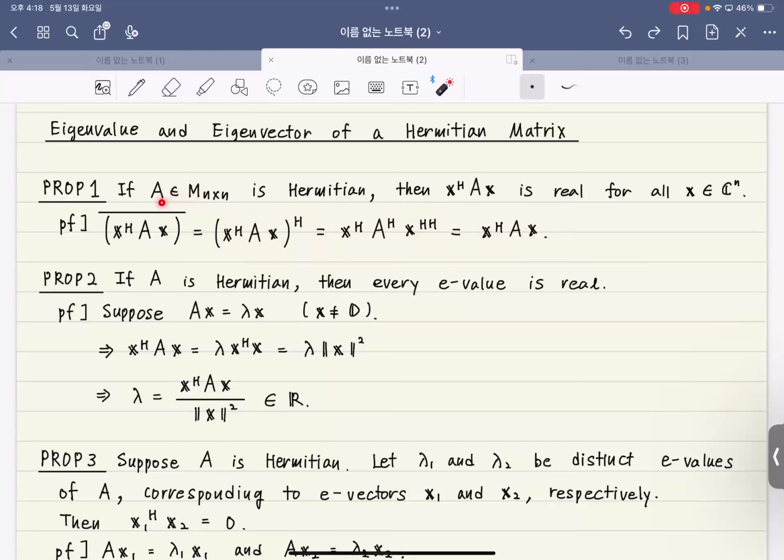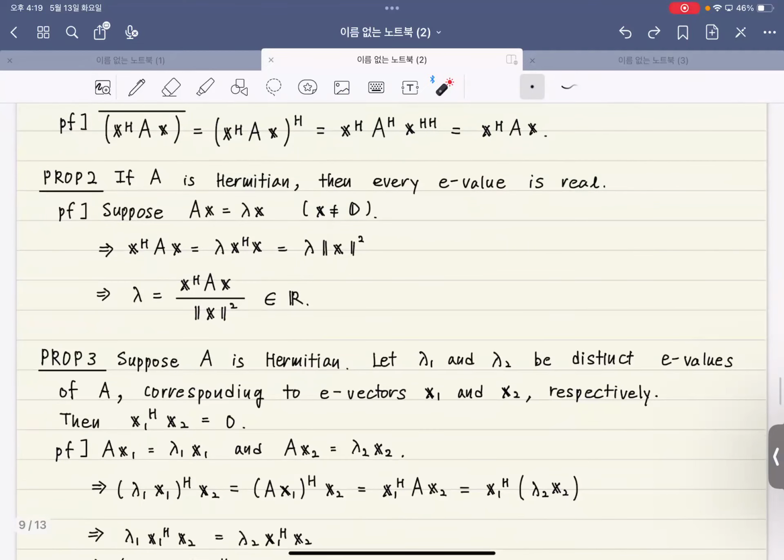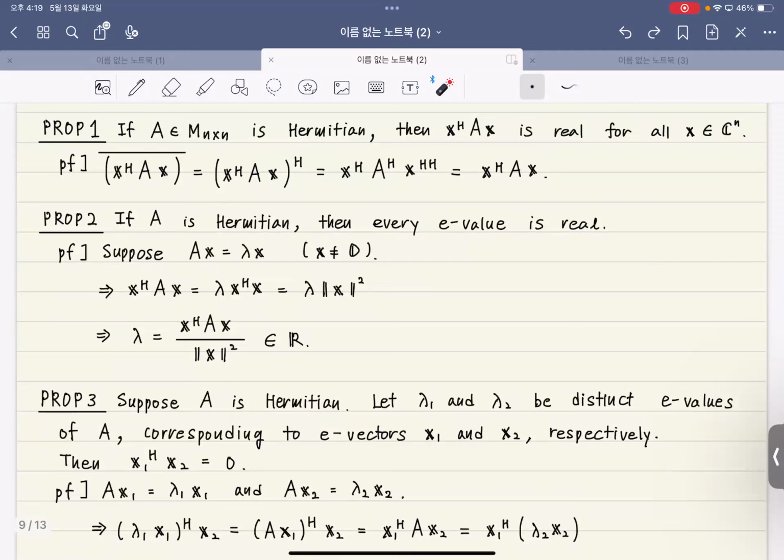And we are also assuming that A is a Hermitian matrix, so A Hermitian is going to be A, right? So we compare this end and that end. They're just two of the same number. So we now know that this number must be a real number. Okay, all right. And proposition number 2.